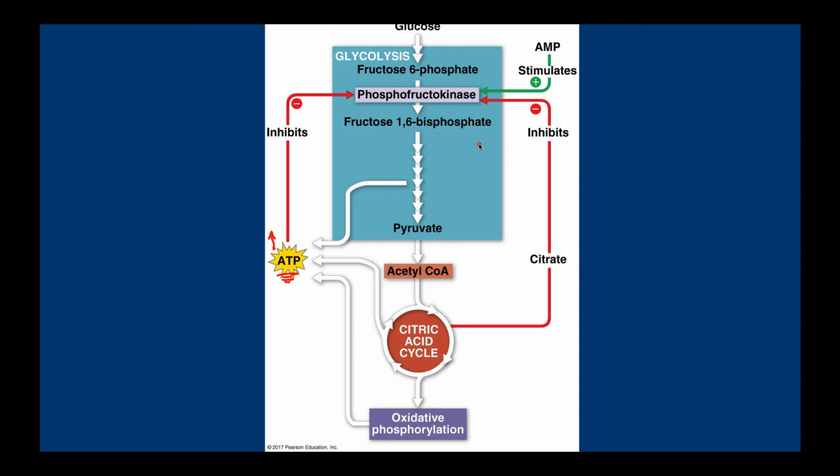And also, when there is an excess of citrate produced during the Krebs cycle, that can also feed back in and act as an inhibitor and downregulate cellular respiration output. So just keep in mind that the process has regulatory function, and these are just a couple of examples of what upregulates and downregulates the cellular respiration process.